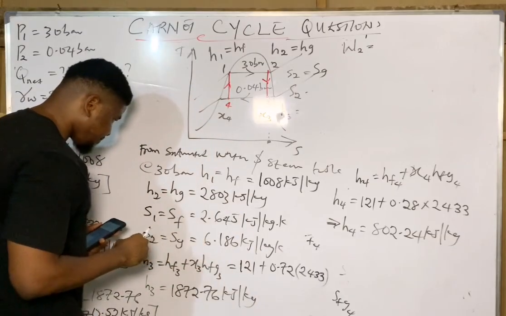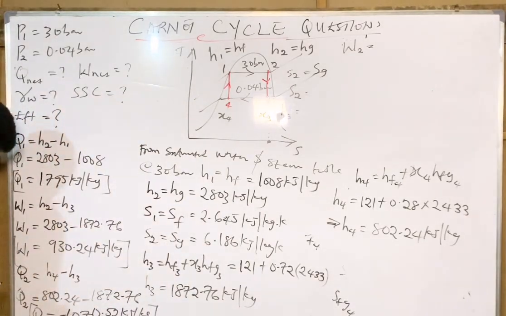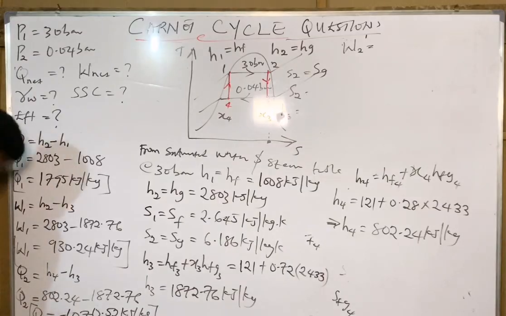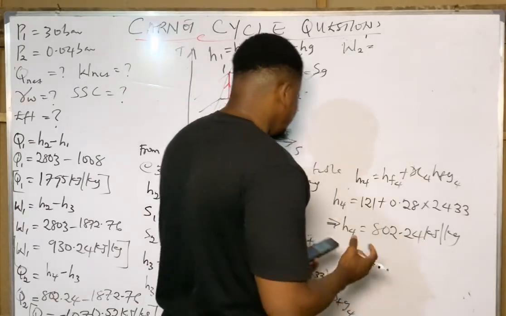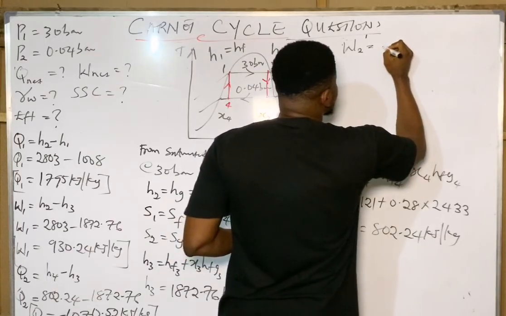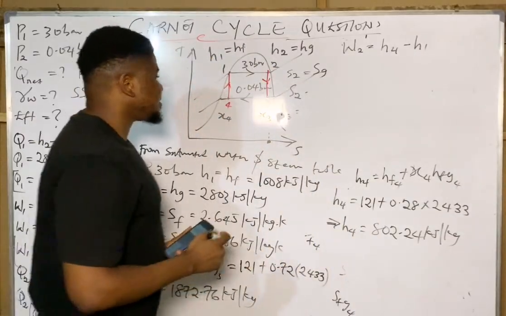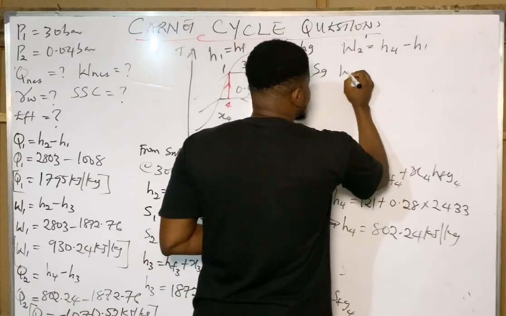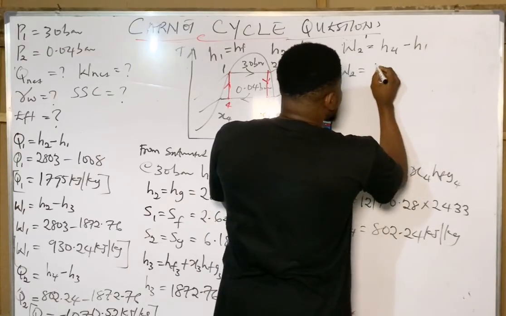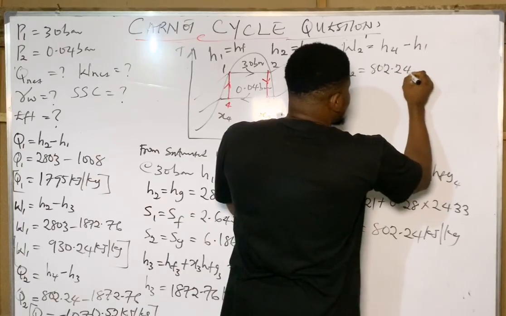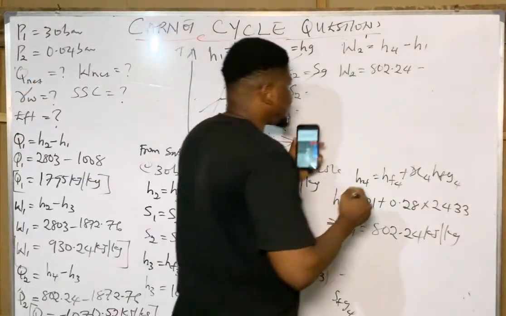So H1 is 1008. H4, I think we already have H4 here. H4 is 802.24. So it becomes H4 minus H1, the lower enthalpy minus the higher enthalpy, because it's a negative work. So W2 equals 802.24 minus 1008.